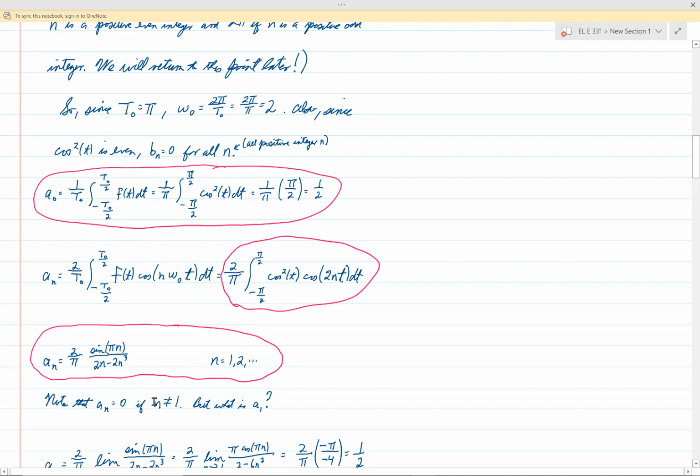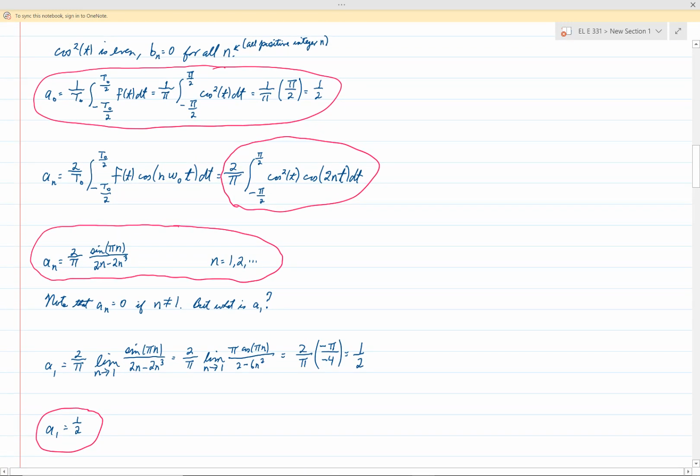And that's basically what this is saying right here. Note that a n is equal to 0 as long as n is not equal to 1, but what is a1? Well, to answer this question, notice that this expression for n equals 1 has the form of 0 over 0.